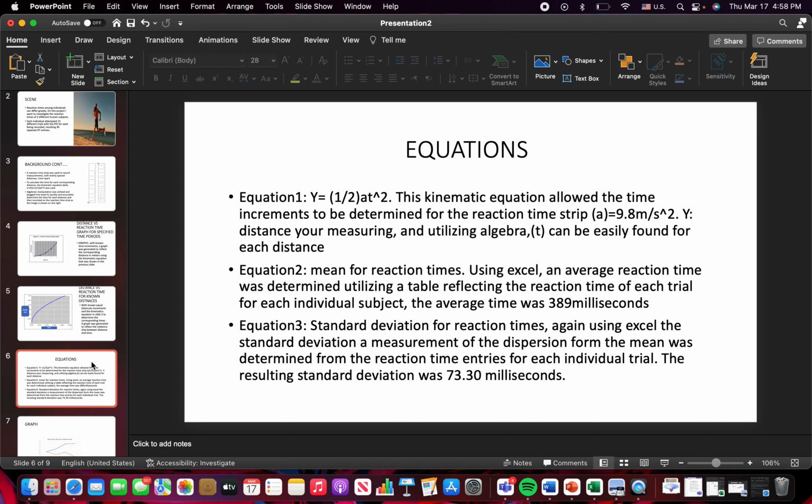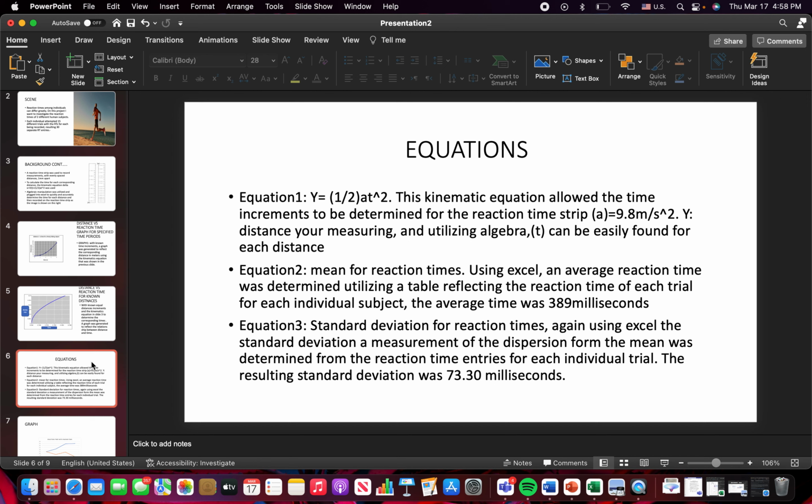We got the mean of the reaction times using Excel, and the average. An average reaction time was determined using the table reflecting the reaction time of each trial. The average time was 389 milliseconds. That's what I got for both individuals.